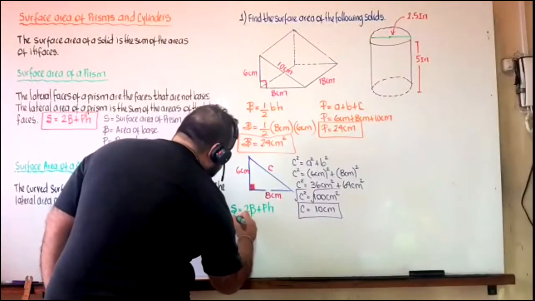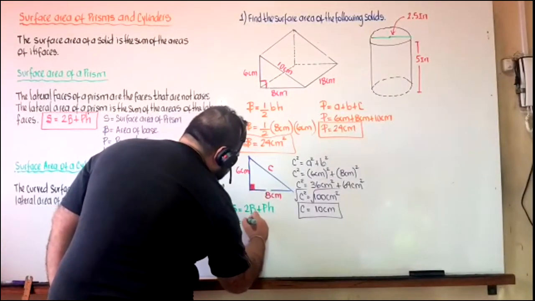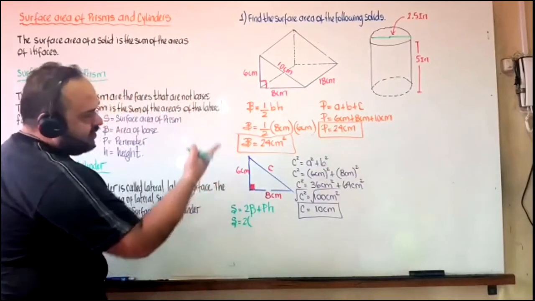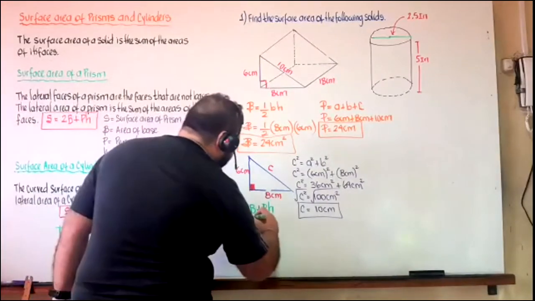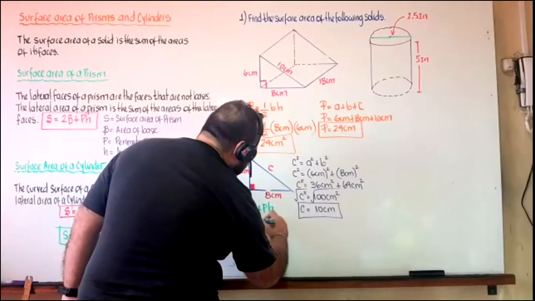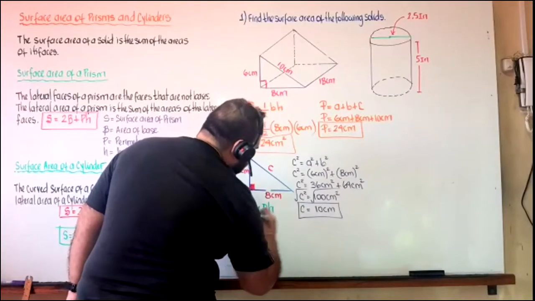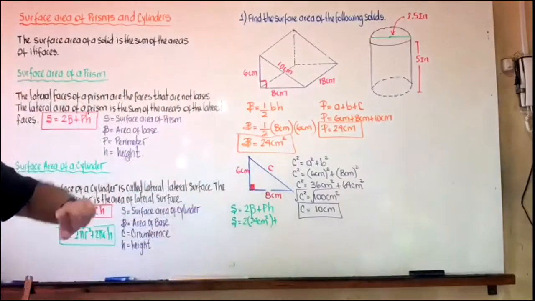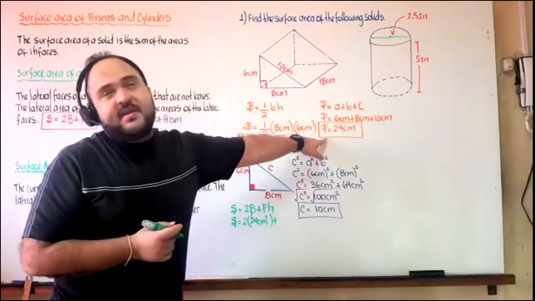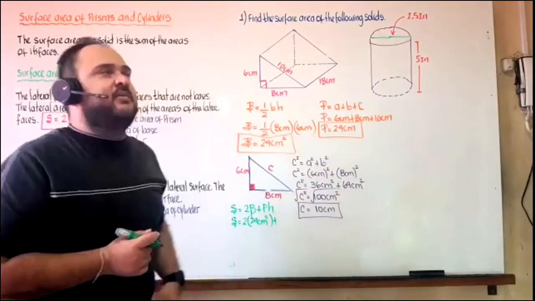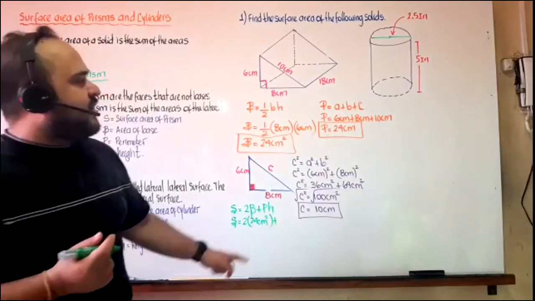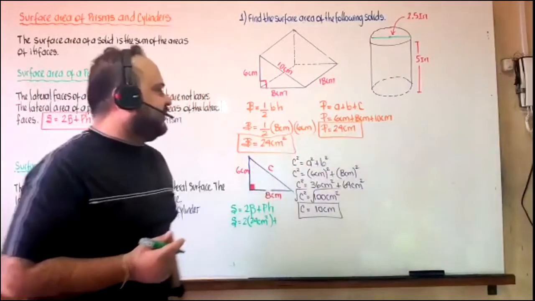I mean, S equals 2 times beta, obviously 24 square centimeters, plus the value for the perimeter. It is a mere coincidence. We have the same numerical value, but the units are different because this is an addition, this is a product.